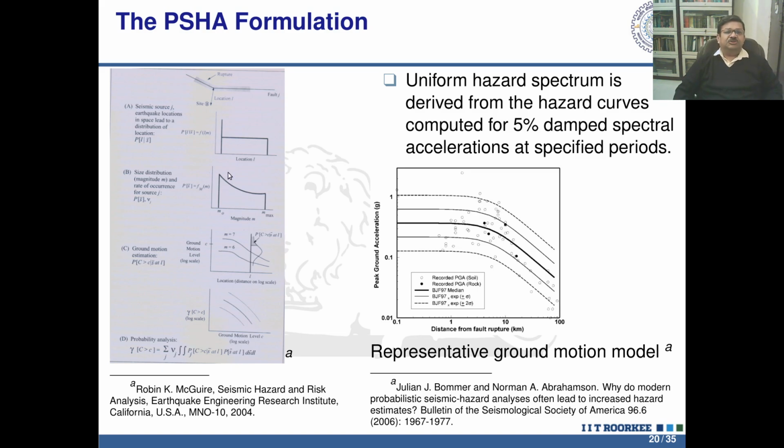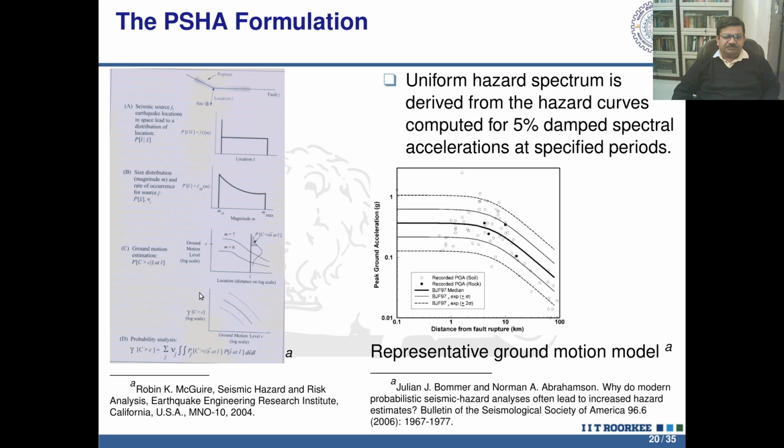And then using this magnitude and distance, we can use what we call a ground motion prediction equation to predict the ground motion, for example, peak ground acceleration or spectral acceleration at 0.2 second, 1 second, or 5 seconds, and so on. That can be predicted for different combinations of magnitude and distance.